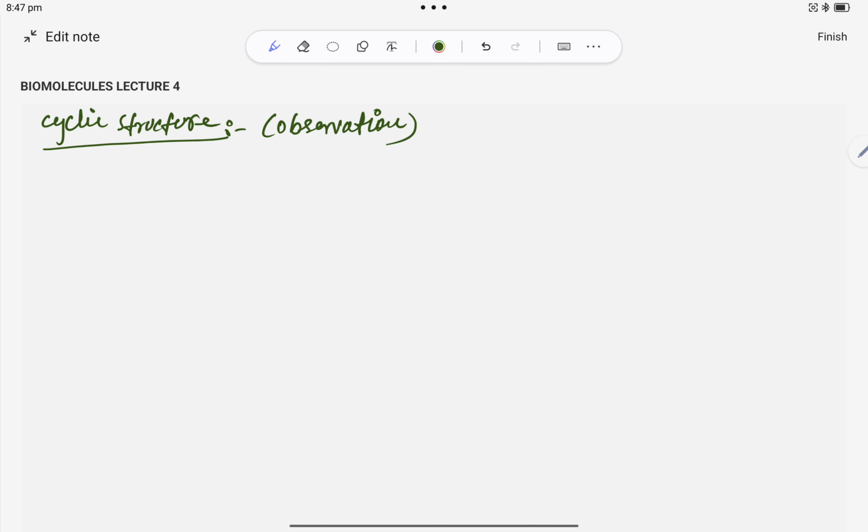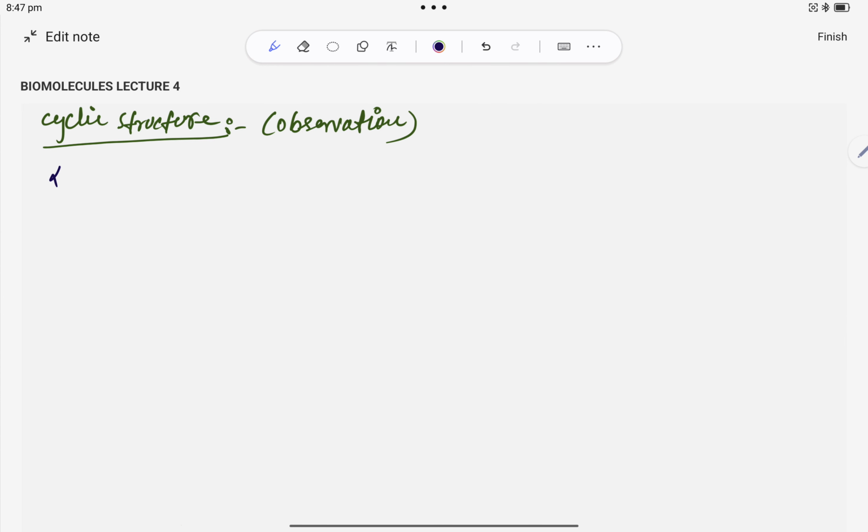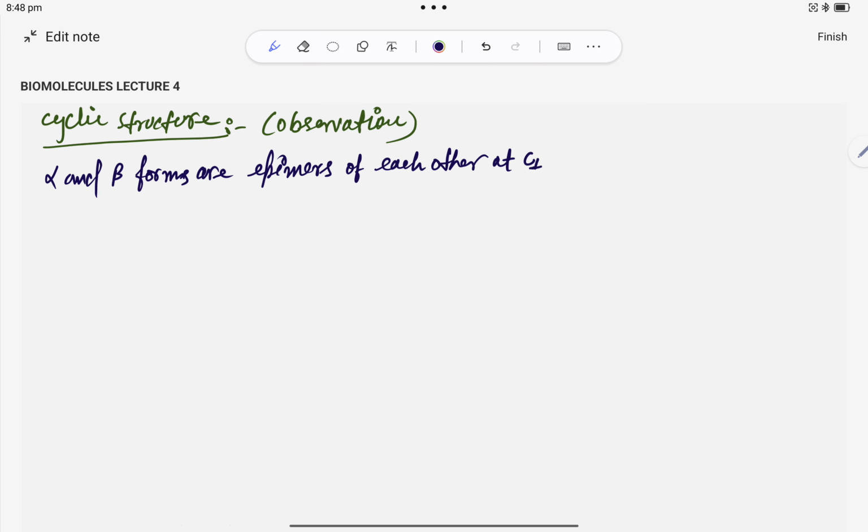I am writing here the observation. Alpha and beta forms are epimers of each other at carbon number 1.